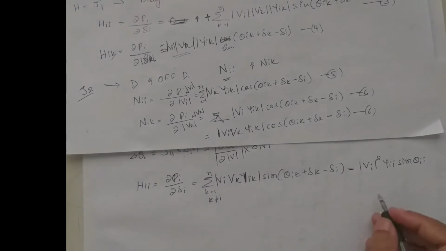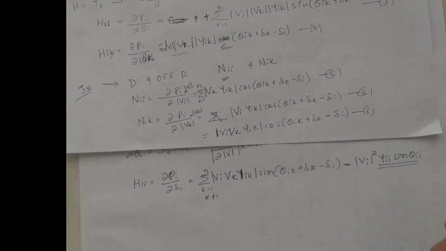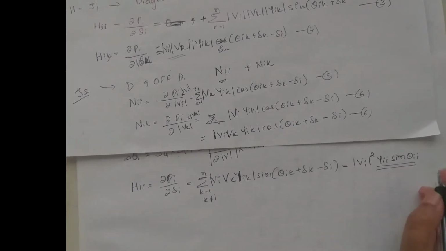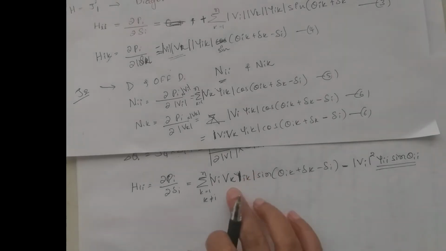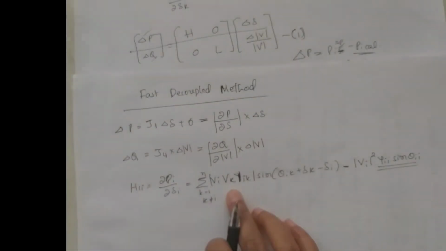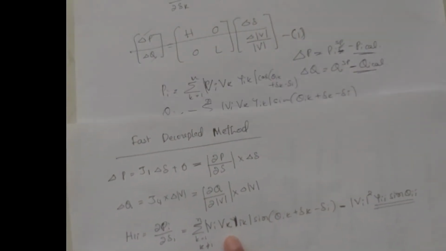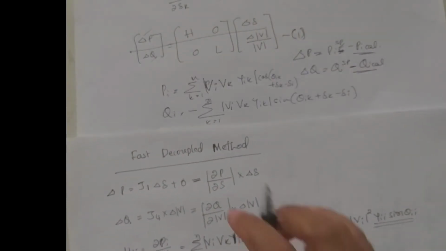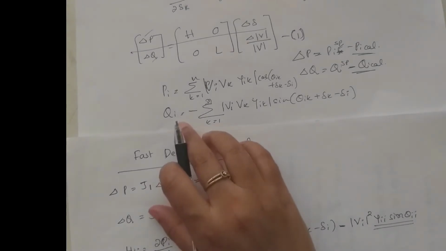What is Yii sin theta ii? It is Bii. Just observe this as well as Qi.